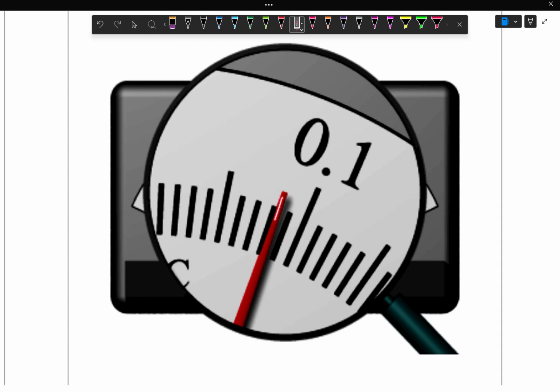So this is not considered obviously 0.081 or 0.082. This is closest to the 0.08, and so that is the answer we go for in this case.